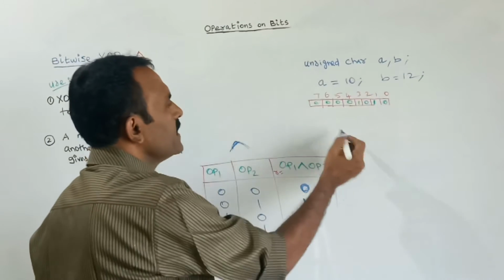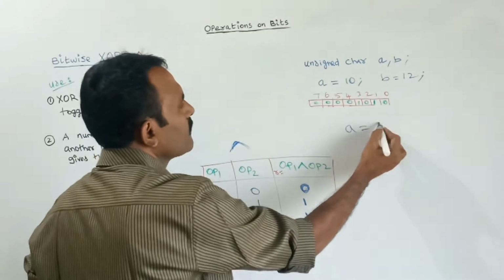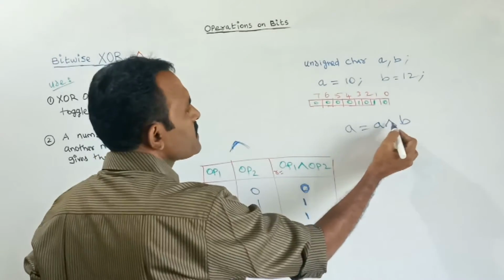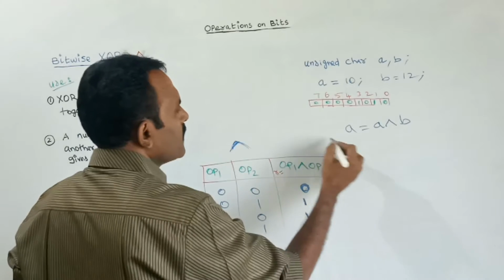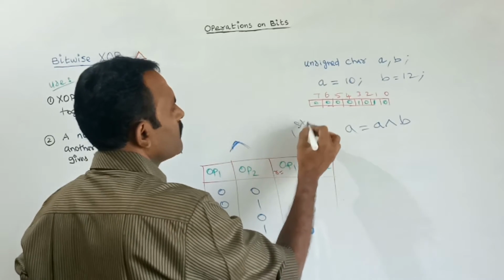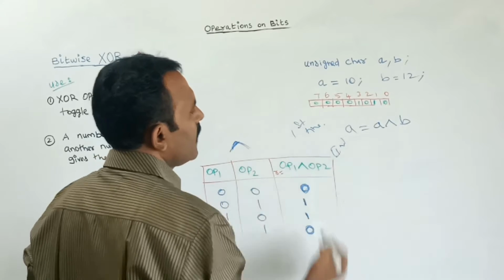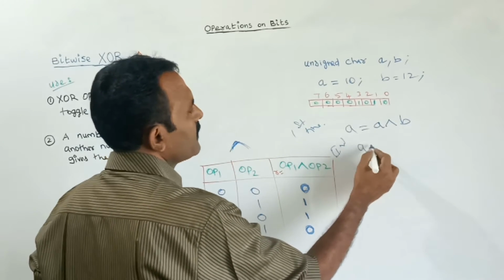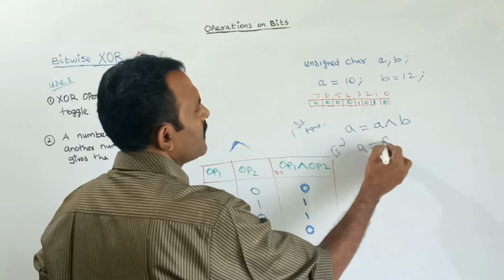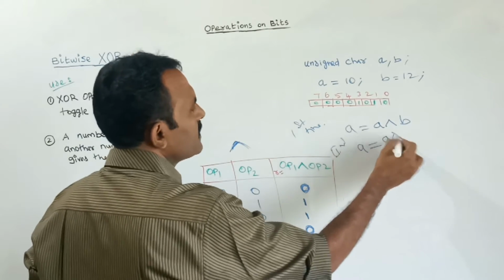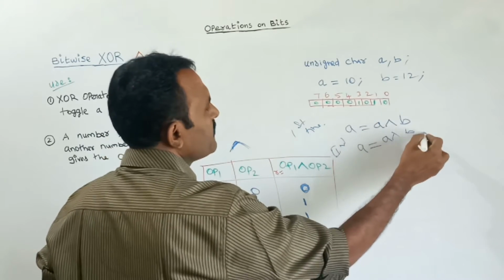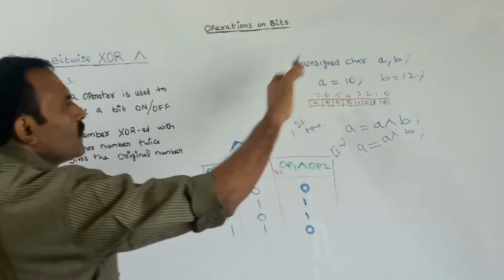Say you take a number and XOR that number with another number 2 times, then we get the same value. For example, let us take two variables A, B. Let us consider the value B is equal to 12. If A is XORed with B, this is the first time. Second time, again if you XOR this number with B, then we get the original value.